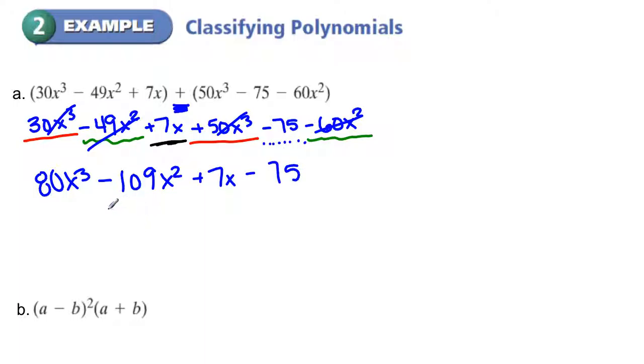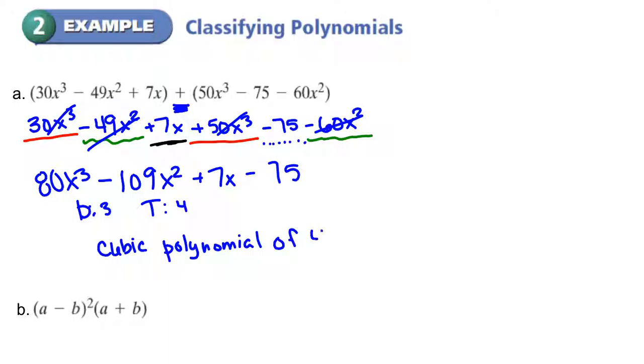So we now have degree 3, and we have 1, 2, 3, 4 terms. So this is a cubic polynomial of 4 terms. Okay, so that's what you would write for that particular one.